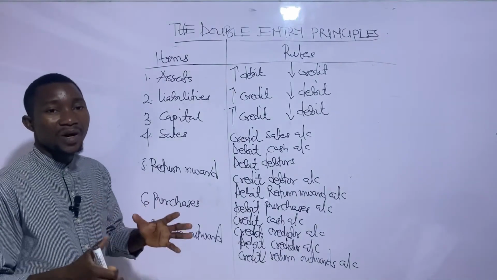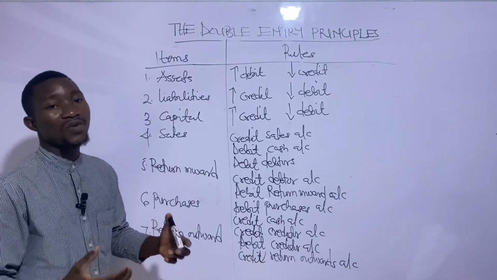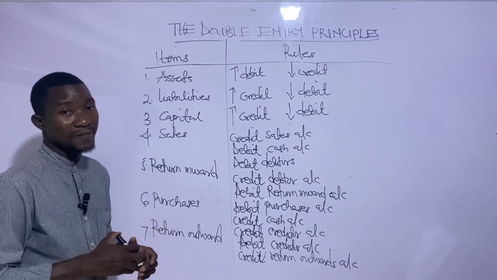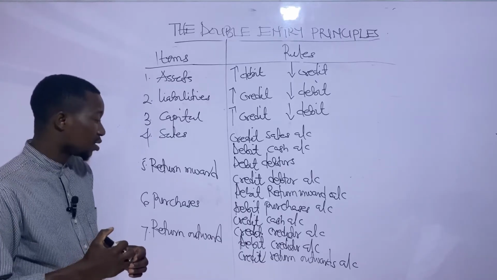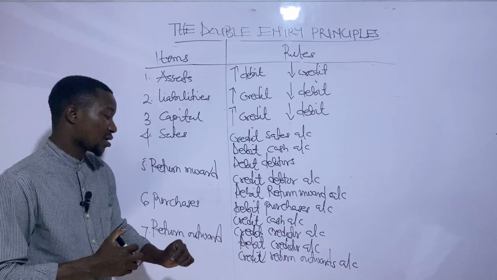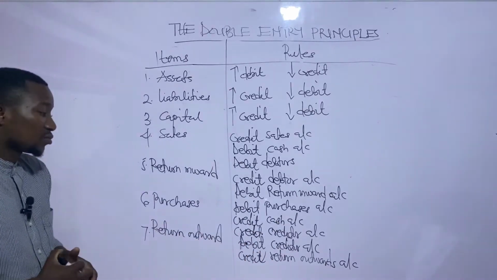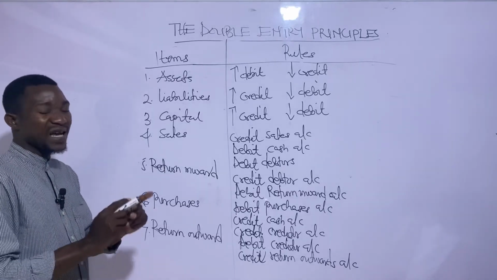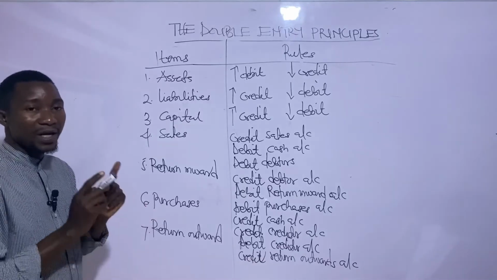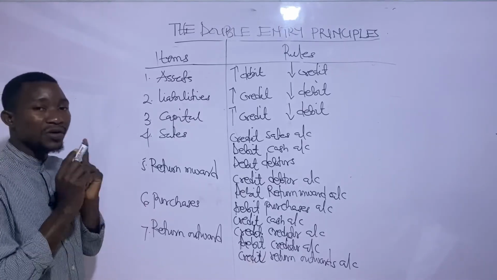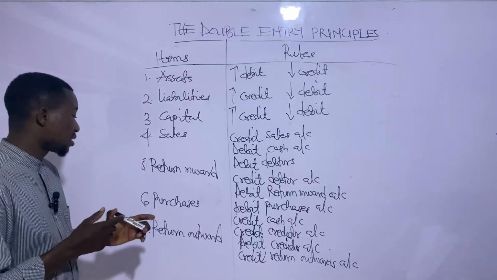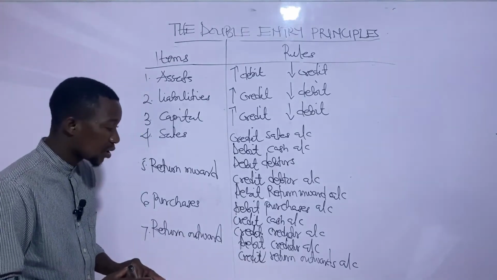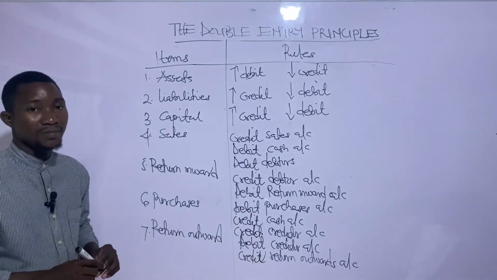I said the return outwards has to do with a situation where a business returns some of their purchased items to their suppliers or creditors. But take note, when the purchases have been made with cash, it means there is no creditor anymore. So to pass the double entry for return outwards, we rather debit the cash book and credit return outwards. Is that okay?